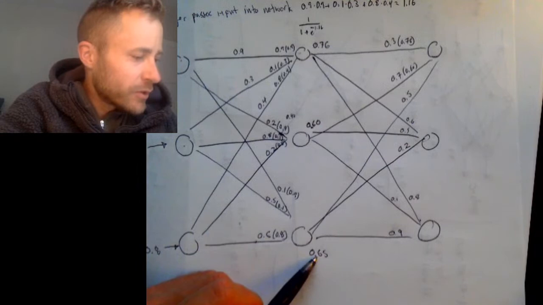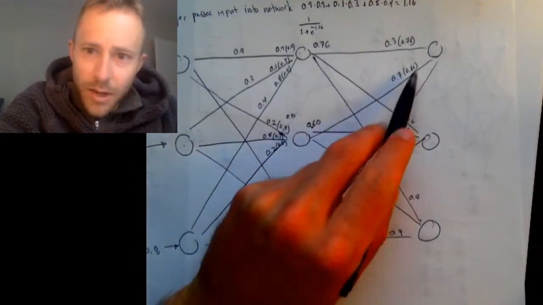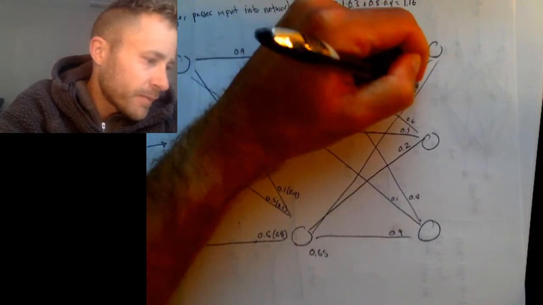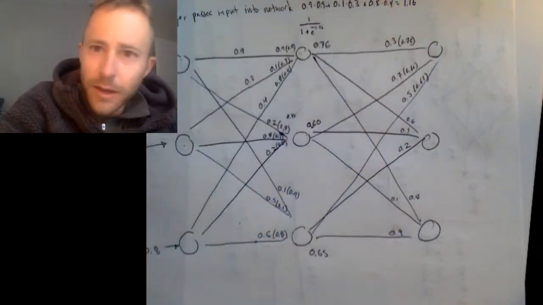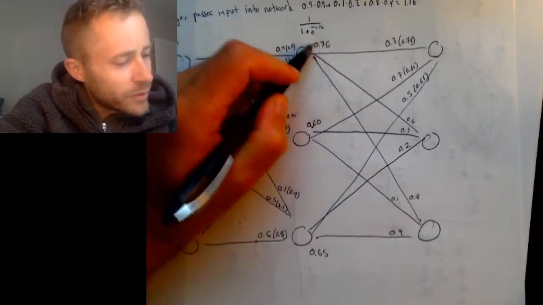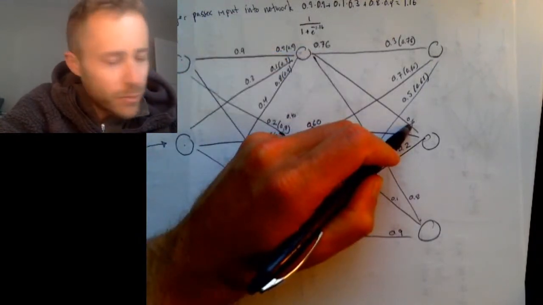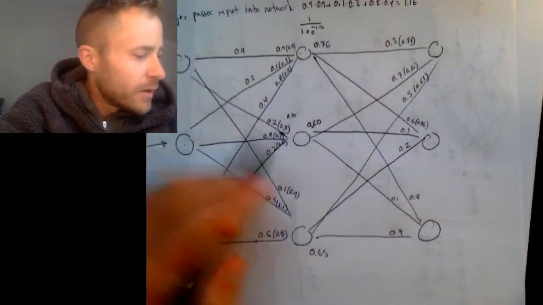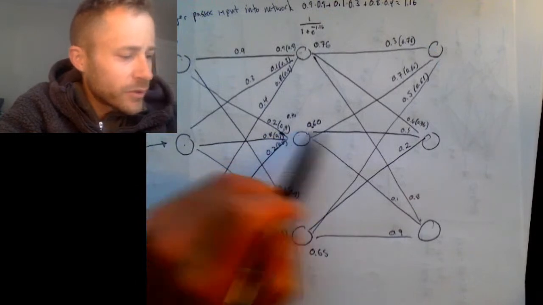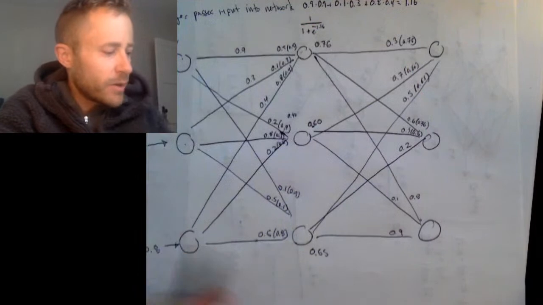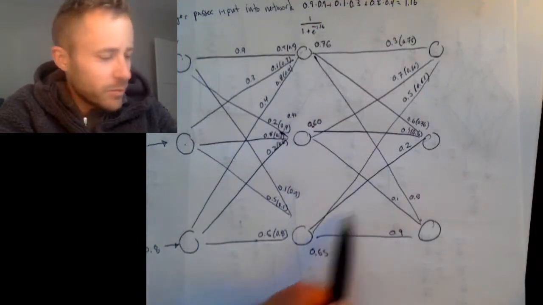This 0.65 output gets multiplied by its weight, which is 0.5. Then 0.76 gets multiplied by this weight, which is 0.6. 0.6 gets multiplied by 0.5, which is that weight. 0.65 gets multiplied by this weight.